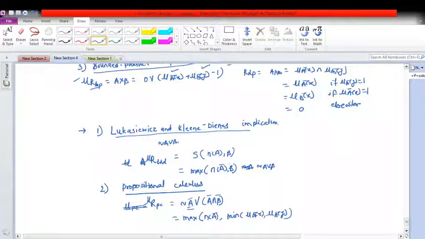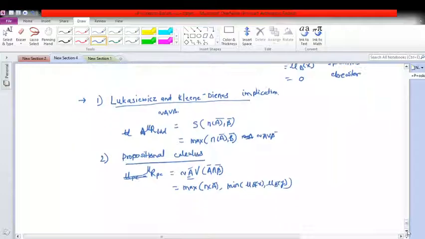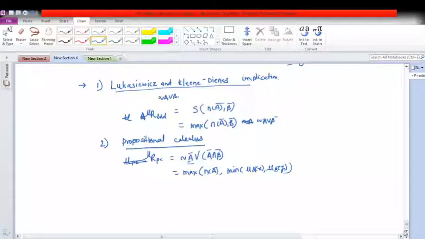Assume A bar, B bar or A, B are all fuzzy sets. Then the third way to compute this is extended propositional calculus, and let me call it EPC.